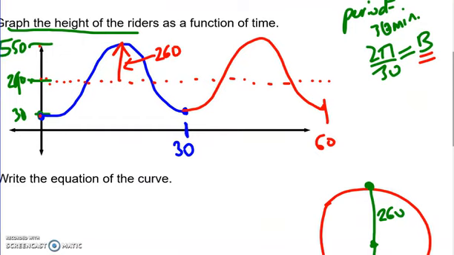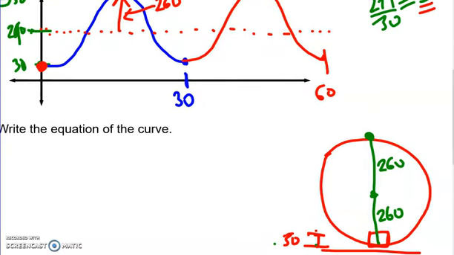Since we're starting at a valley again for this problem, we're again at a negative cosine. So for the equation of the curve, we have negative, then the amplitude 260, cosine. Our B value is 2 pi over 30.